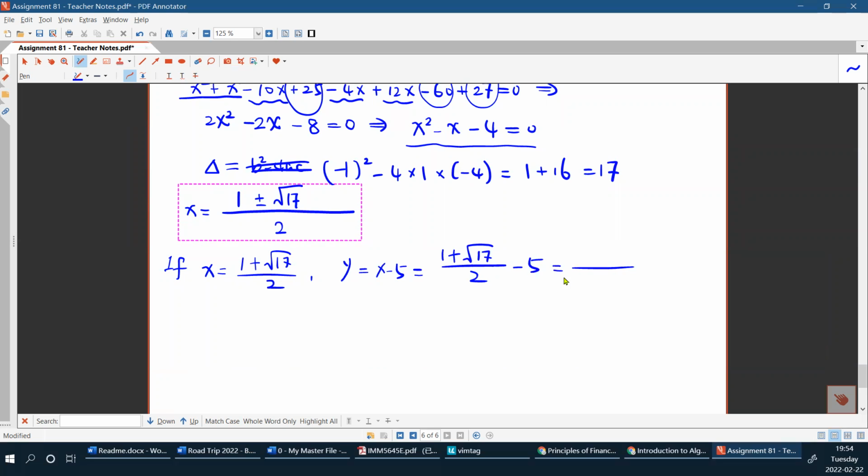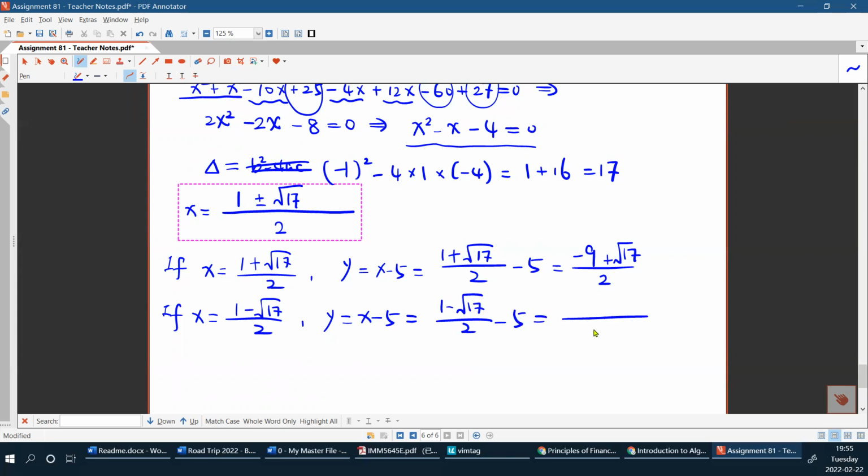This is actually, 2 is still the denominator, and negative 9 plus square root of 17, right? And if x is (1 minus square root of 17) over 2, then y is x minus 5, which is, let's put x in, then minus 5, 2 is still the denominator, and this is negative 9 minus square root of 17, right?